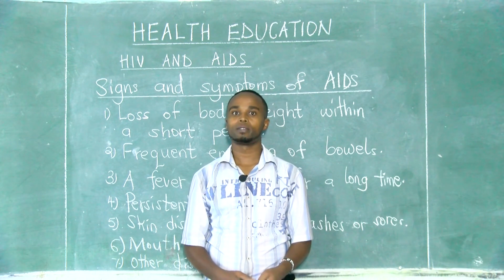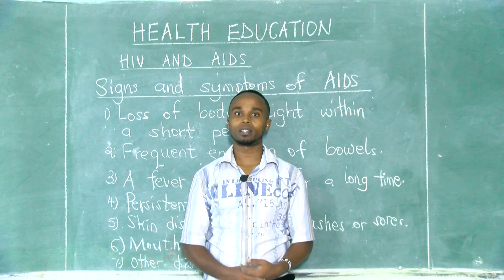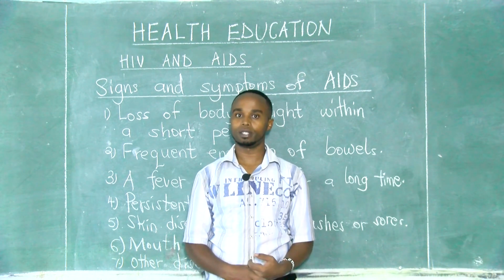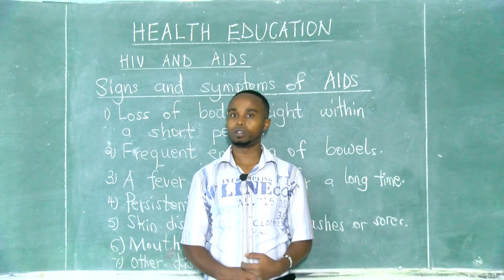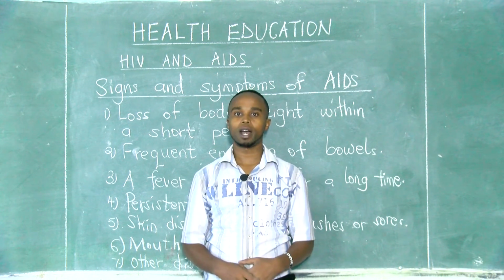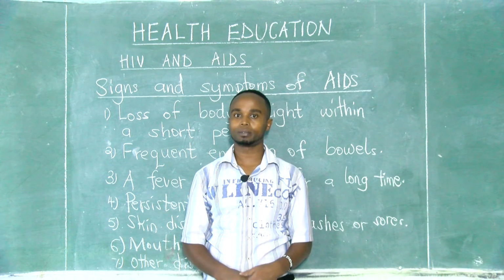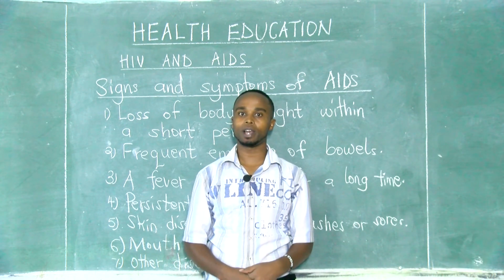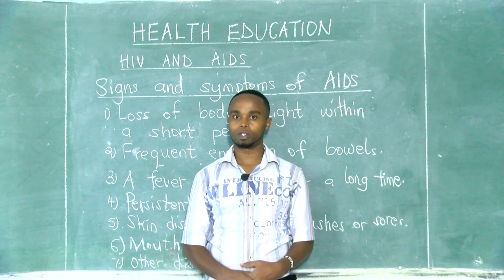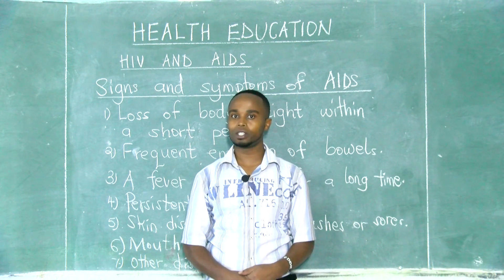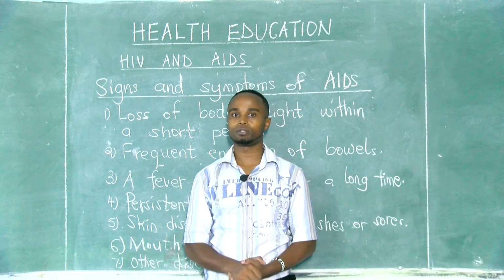Yes. Then we have talked about the stages. We have said that we have 4 stages of HIV/AIDS. We have the window period. We have the incubation or the asymptomatic stage. The third one, we have the symptomatic stage or the sign showing stage. Then the last one is full-blown AIDS.